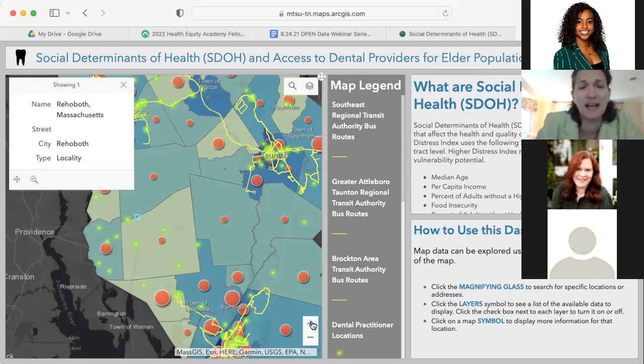It's a little hard to tell. One of the things I would have changed in designing this is I would have had a map overlay of the towns, because when I talk to people, we don't talk about census tracts, we talk about towns. So it's a little hard to see exactly where Rehoboth is, but you can see that blue box where Bianca has the mouse, I guess.